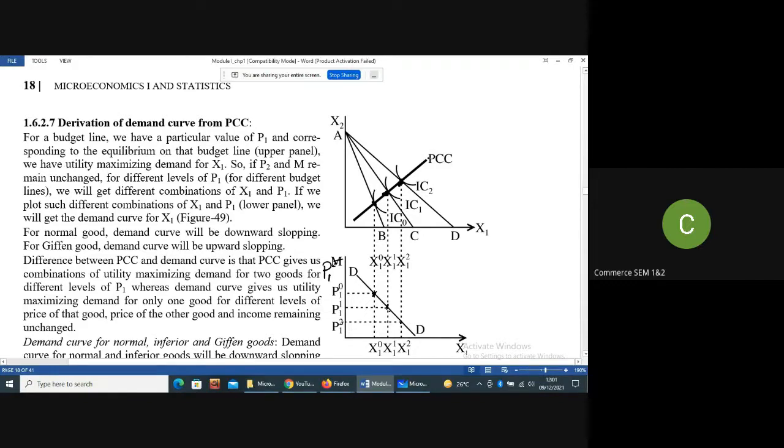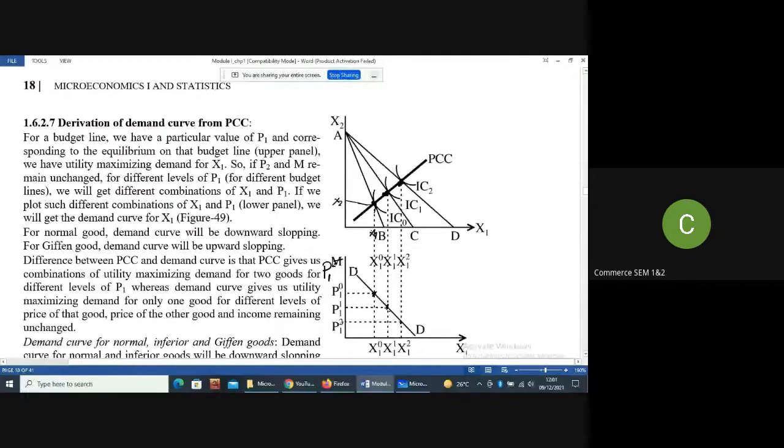Any point on the PCC gives you the equilibrium demand of commodity 1 and commodity 2 for different levels of price of commodity 1, with the price of commodity 2 and money income unchanged.